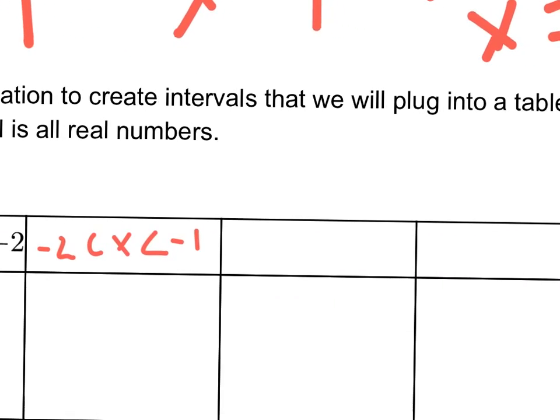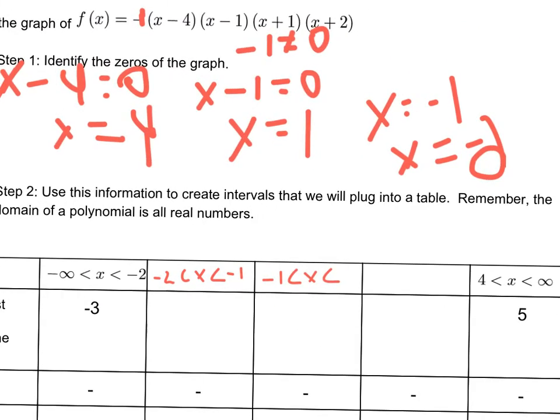Then we're going to go from negative 1, less than x, less than positive 1. Sorry, my less-than signs are not coming out fabulously. Then from positive 1, less than x, less than 4. And then from 4 goes to infinity.